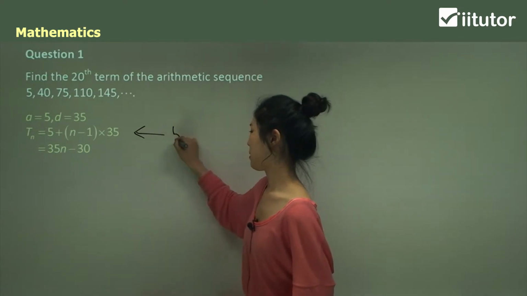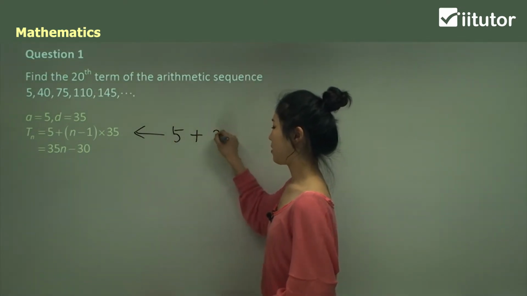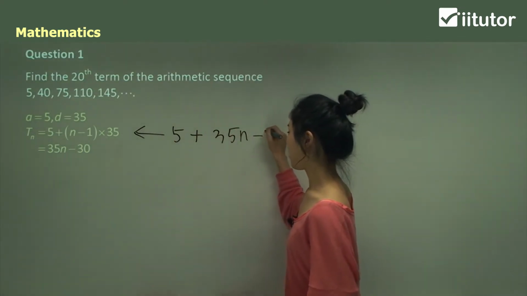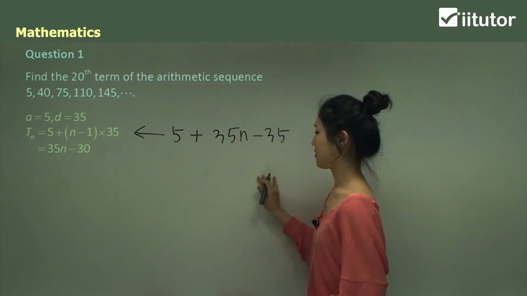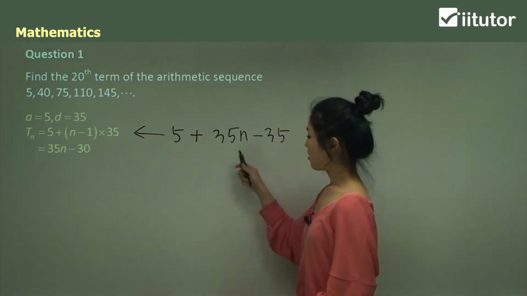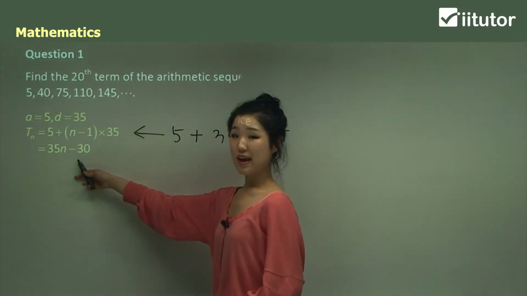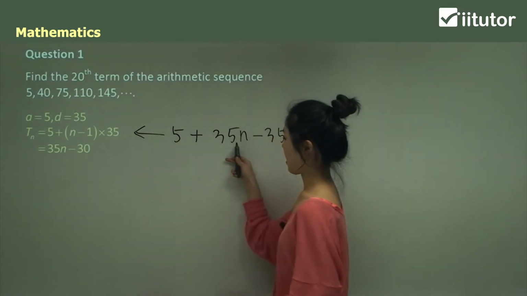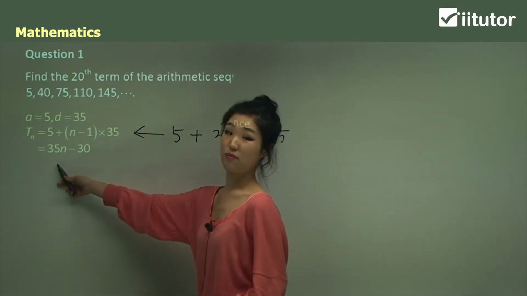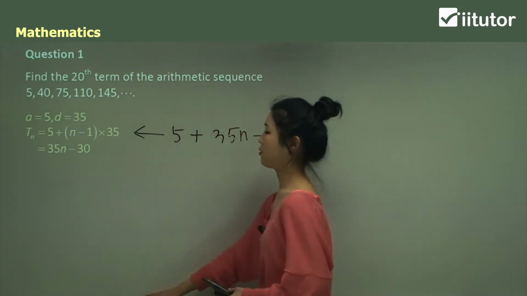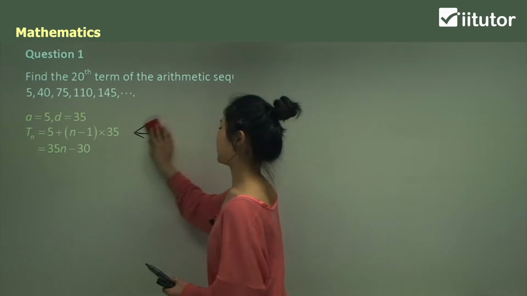Just go step by step if you need to. Plus 35n minus 35. I expanded out the brackets. Okay, and then look, 5 minus 35 is negative 30. And then I have positive 35n, which I put at the front. Okay, so that's a little general equation we've built up.